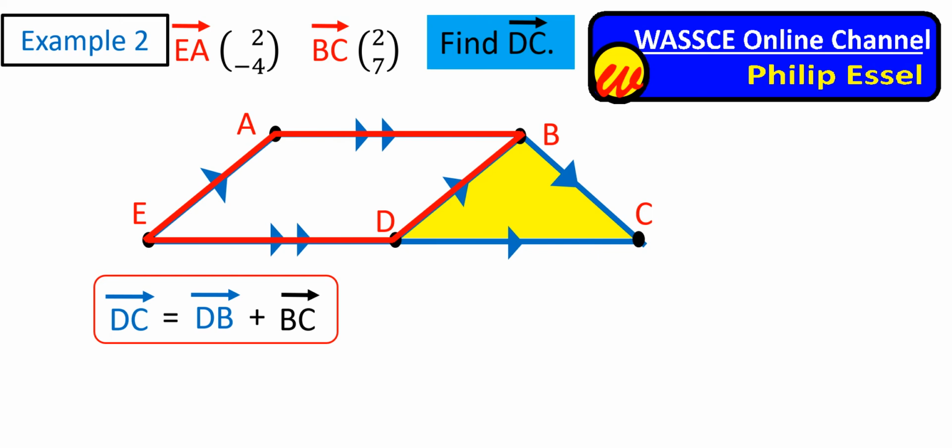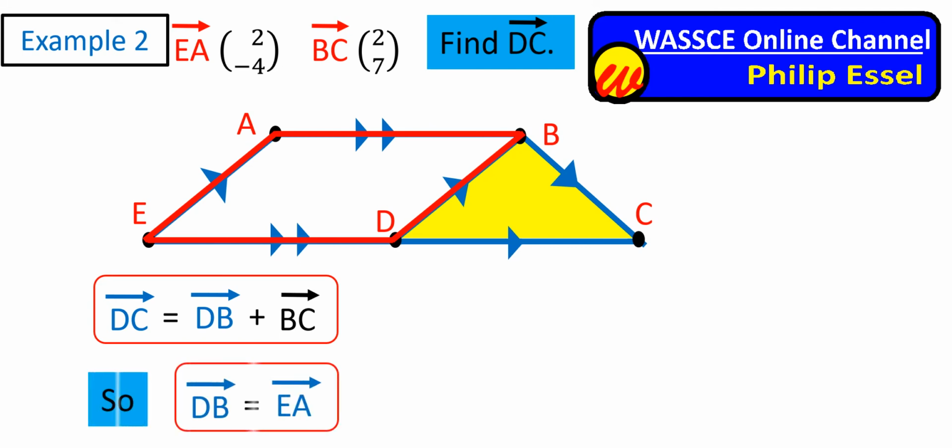What this means is that the side DB is equal to the side EA. The reason is that they are opposite to each other. So let's put down that statement. So the side DB, or vector DB, is equal to vector EA.